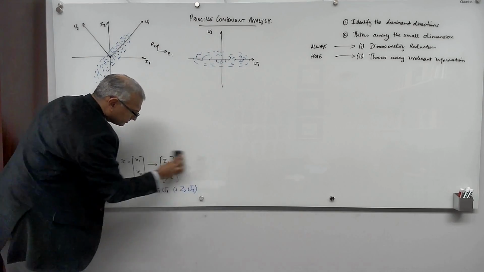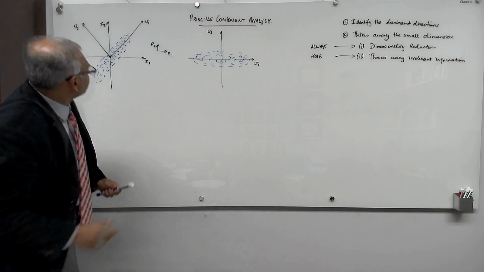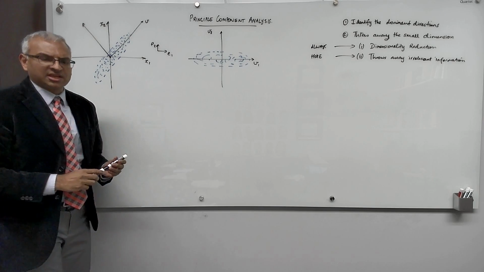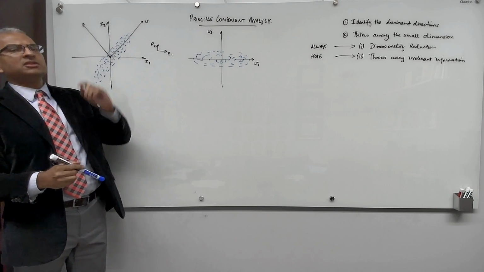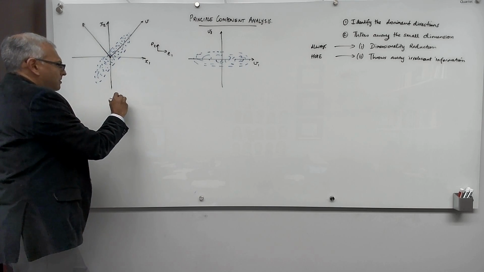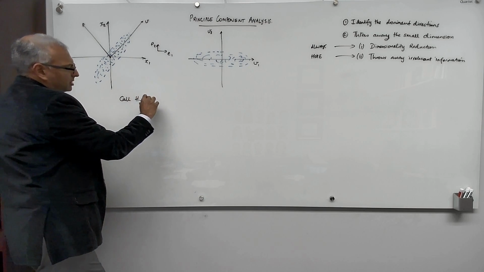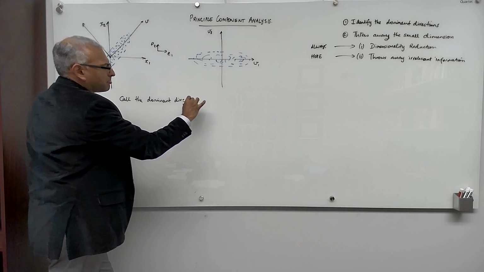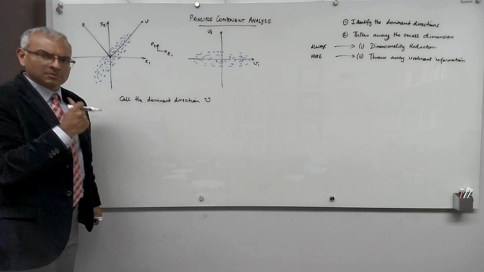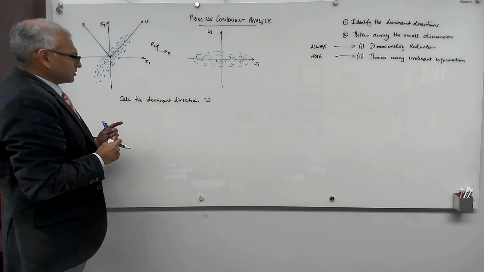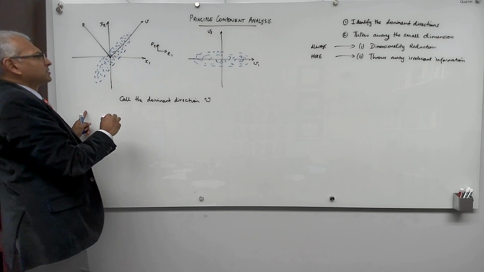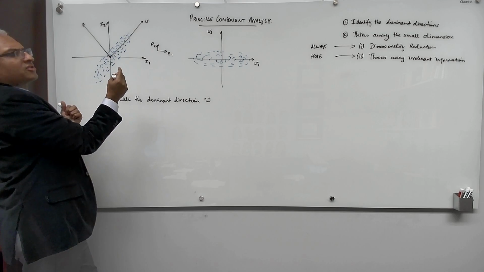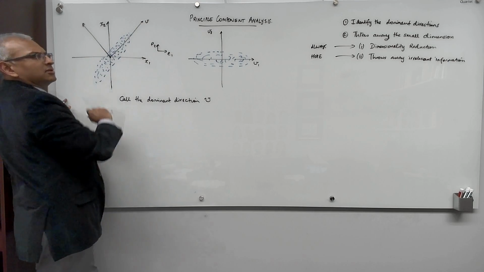So the idea, let's call this direction now V. And for the moment, we won't need the second direction. So let's call this dominant direction V. The data, when projected in this basis, but let's look first at the coordinate in the dominant direction.